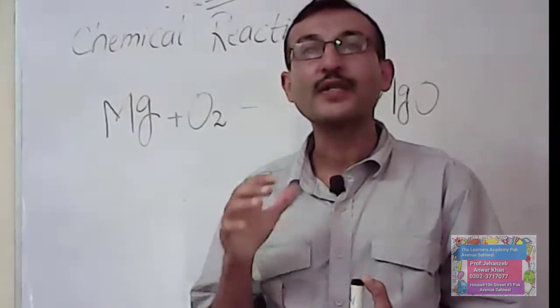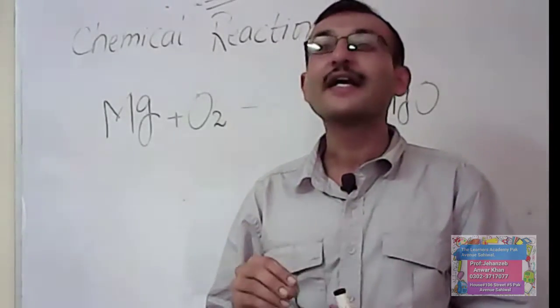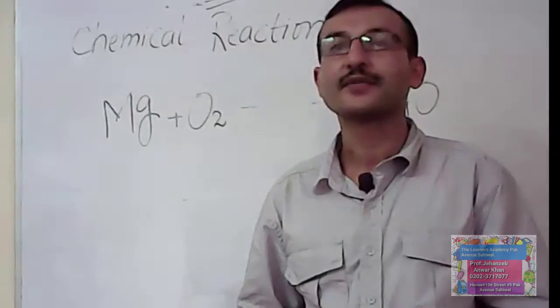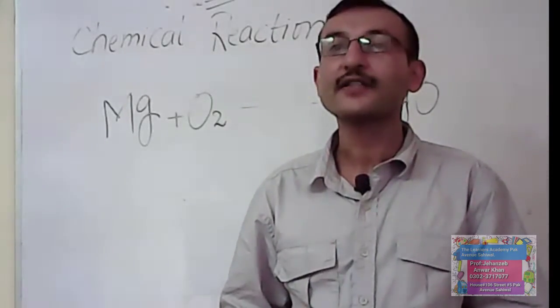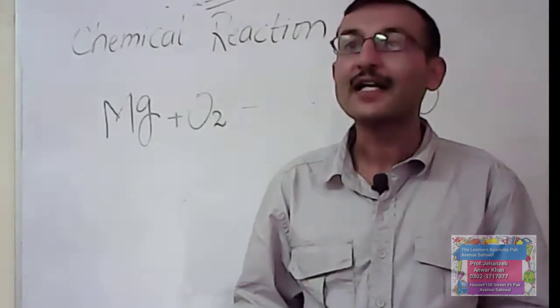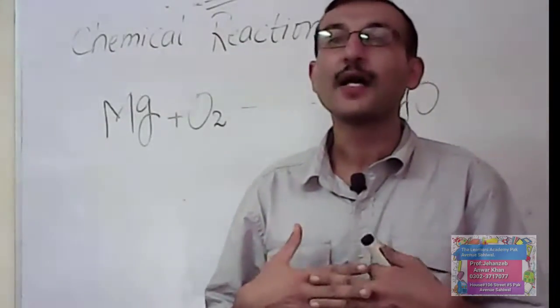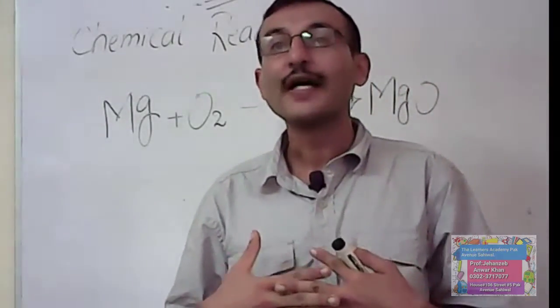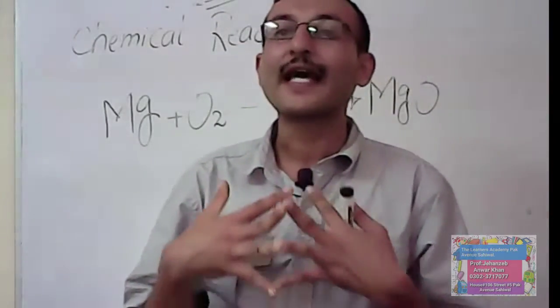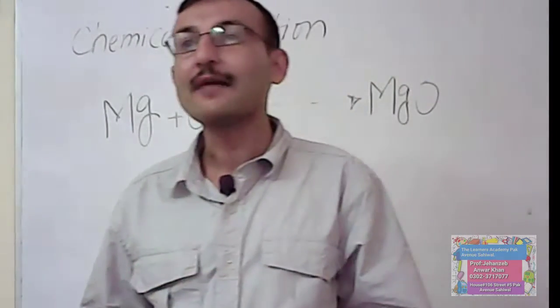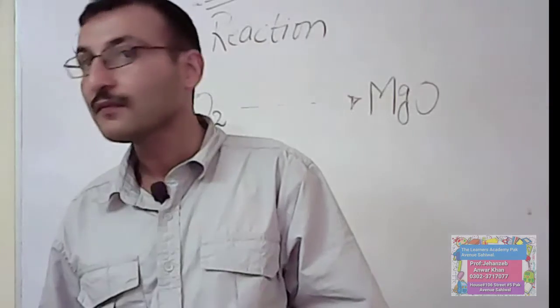Start balancing with the compound that contains the maximum number of atoms. It may be a reactant or a product. In that compound, select the element which has the maximum number of atoms. In this way, we can balance the unbalanced atoms.